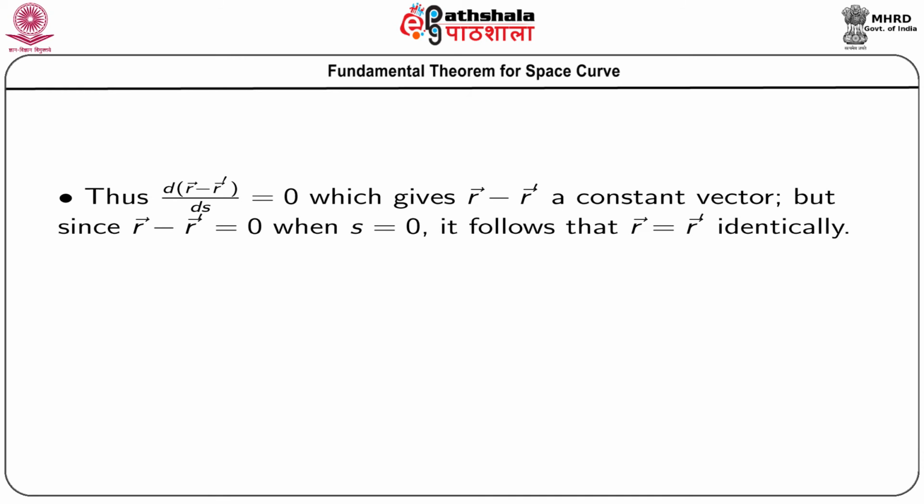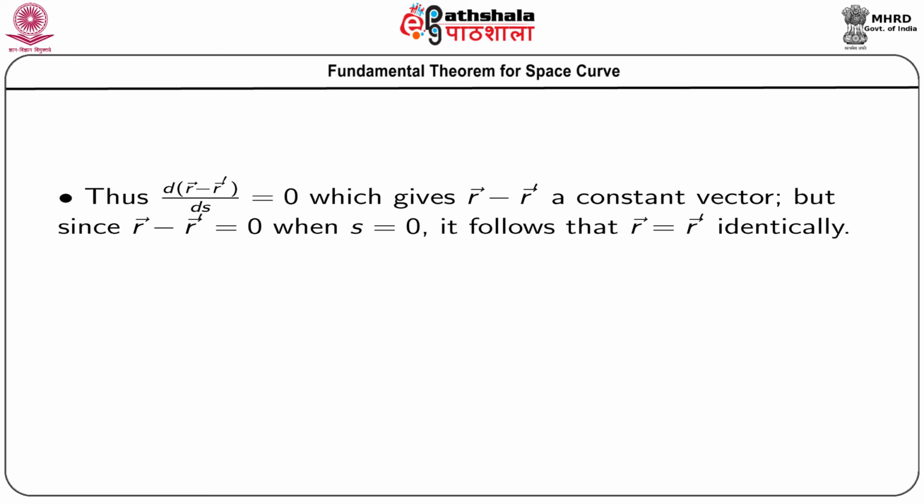Thus, d/ds of (r minus r dash) is equal to 0, which gives r minus r dash is a constant vector, but r minus r dash is equal to 0 when s equal to 0. That means r equals r dash for all values of s.